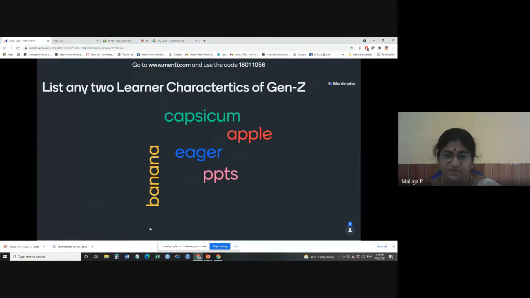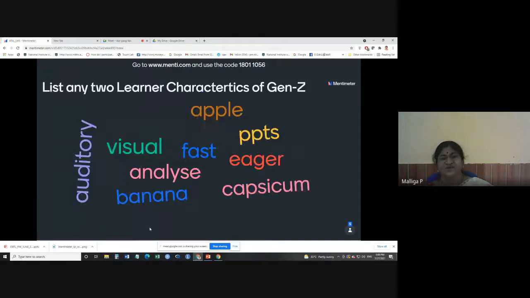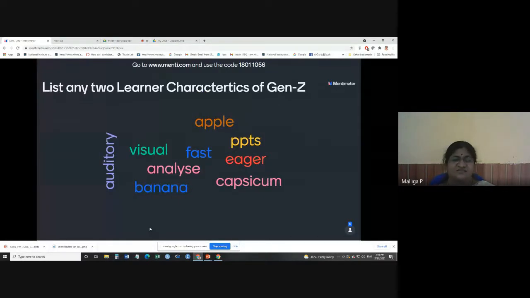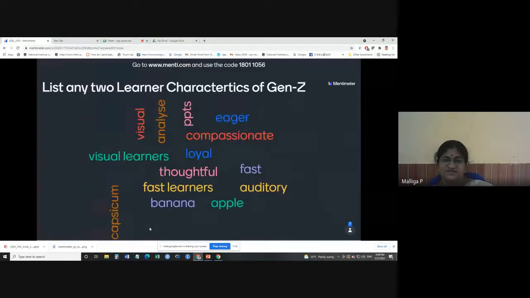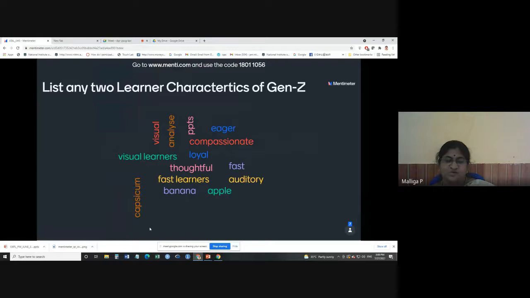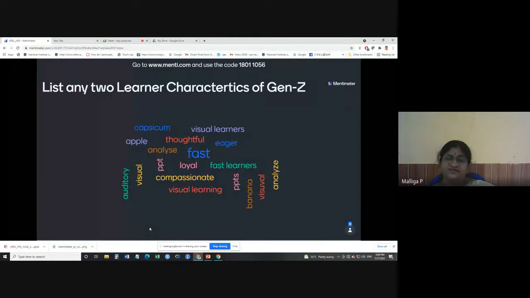Oh, capsicum, apple, eagle. What is it? My goodness. Okay, you're giving them some nicknames. Huh? Fast, analyze. Okay, these are the learner characteristics of auditory learners, visual learners. So how do your present day students learn?